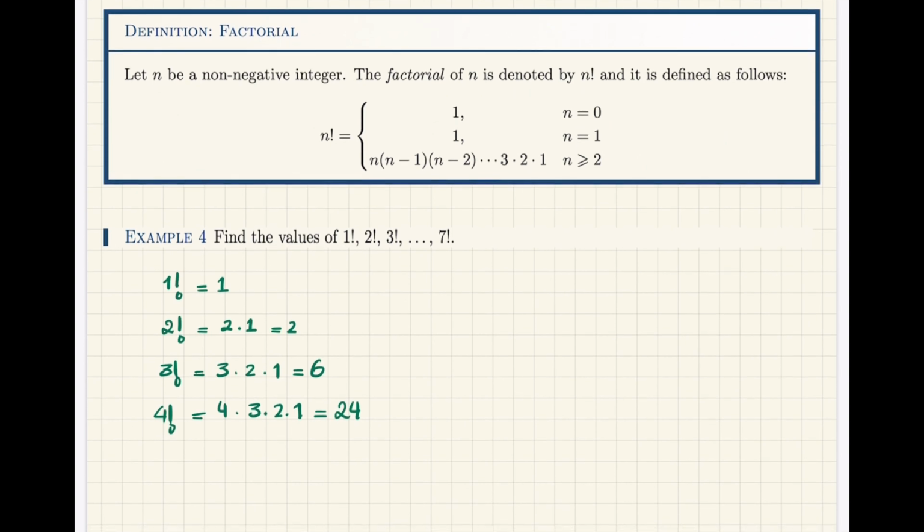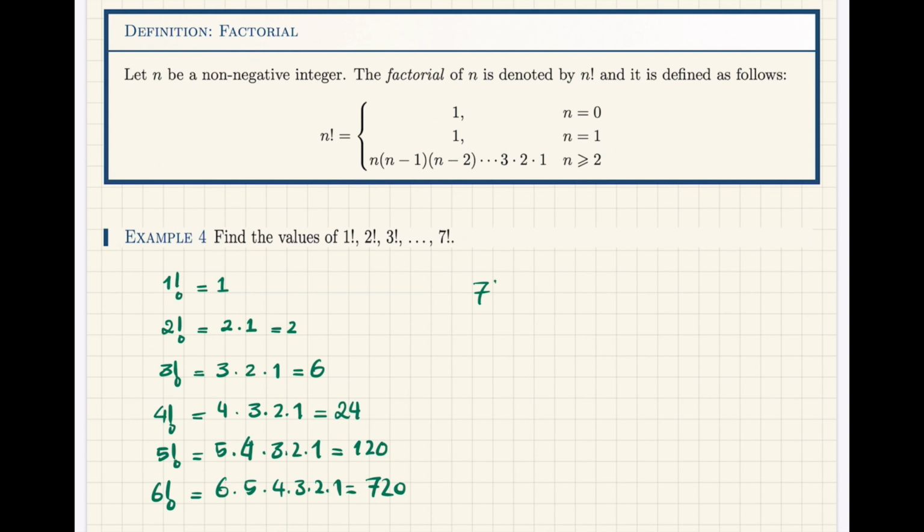And then you remember that factorial is also growing very, very fast. Okay, so 5 factorial is 5 times 4 times 3 times 2 times 1. And if you do this product, it becomes 120. 6 factorial is 6 times 5 times 4 times 3 times 2 times 1, which is 720.